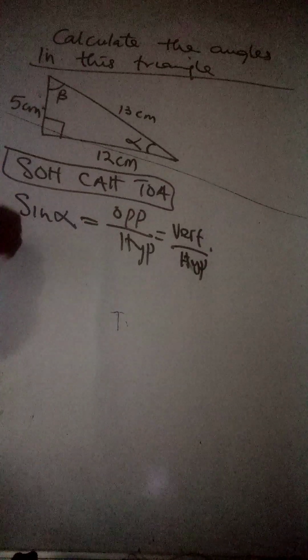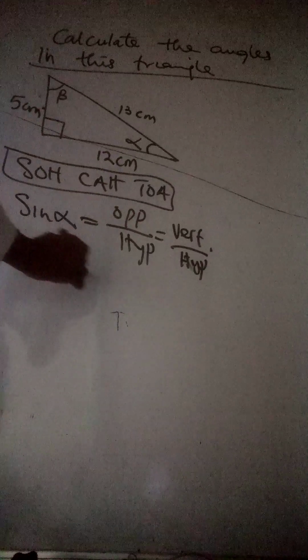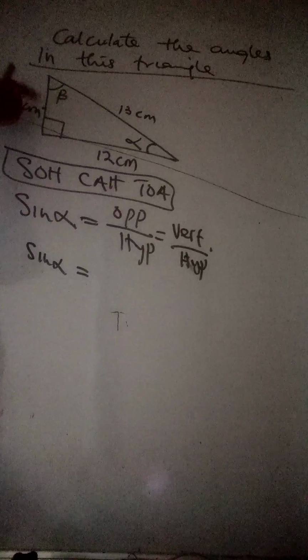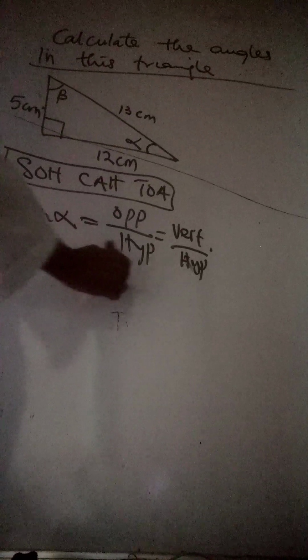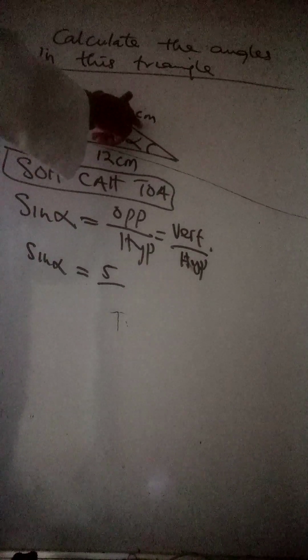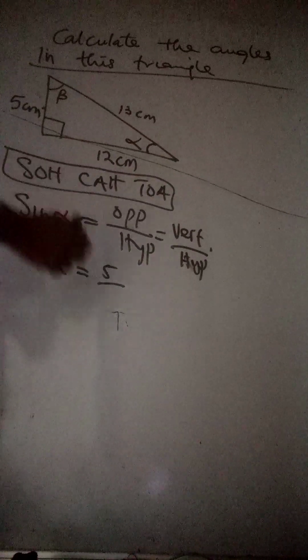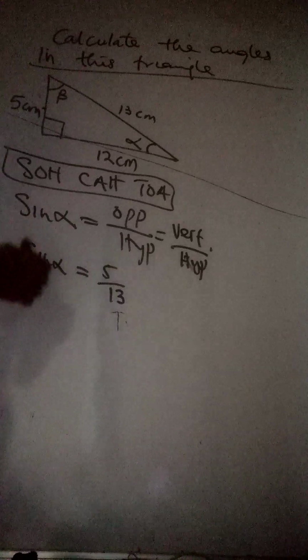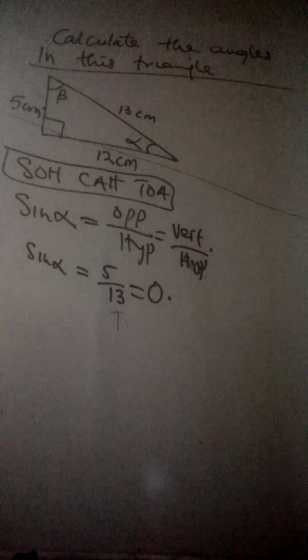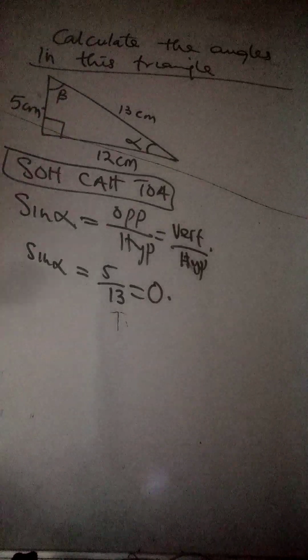So that means sine alpha will be equals to 5, which is the opposite, over hypotenuse, which is 13, because that is opposite over hypotenuse. So 5 over 13 will give us 0.3846.